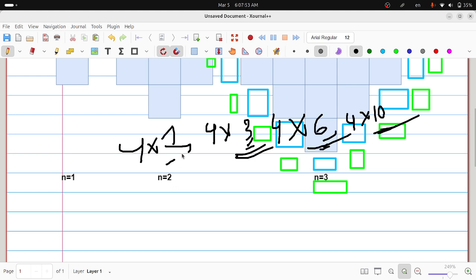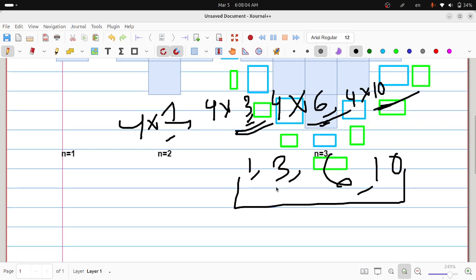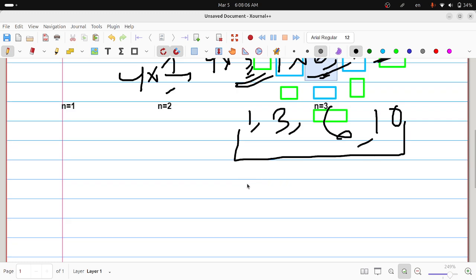So this is basically 1, 3, 6, 10. I'll have to get a pattern from here, I think. So that is 2 into n minus 1, is it? So let's say 2 into 1 minus 1 is 1. 2 into 3 minus 1 is definitely not that.